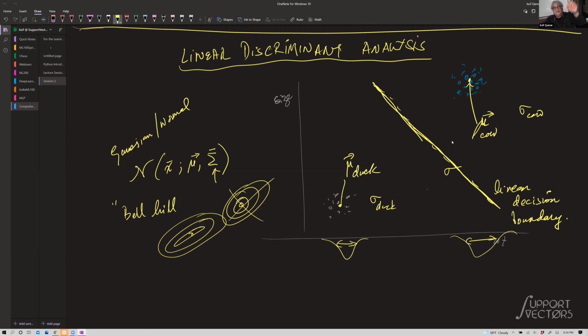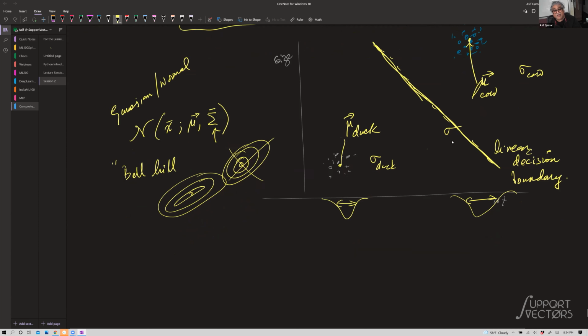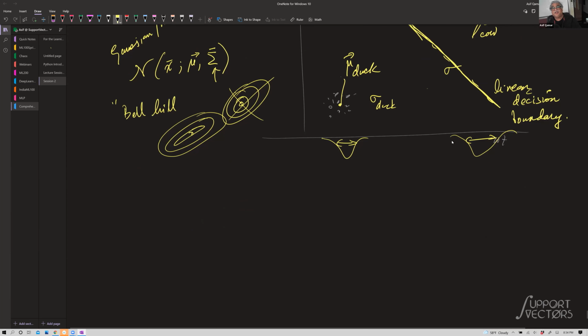A more formal term would be a Gaussian mixture of some sort, but let's not use that. I tend to use very simple reasoning. I suppose that helps me think it through. So if you think through that, it will be this: a linear decision boundary.